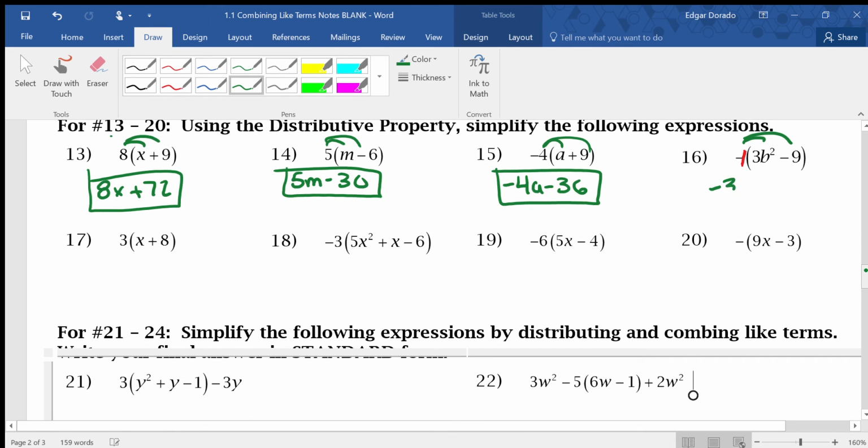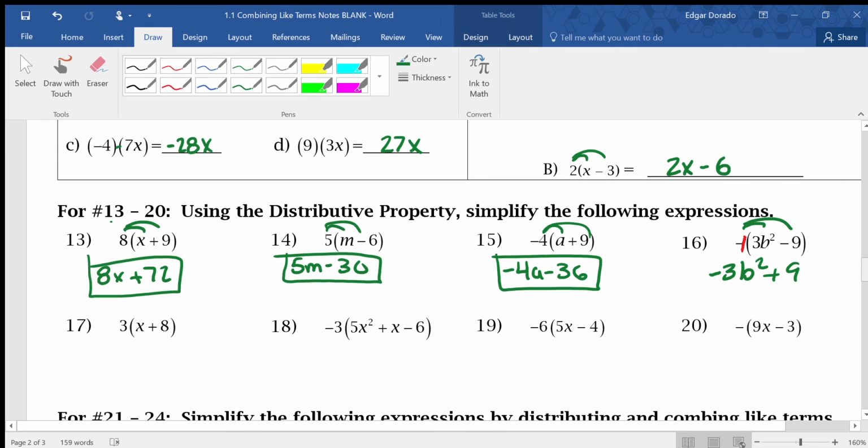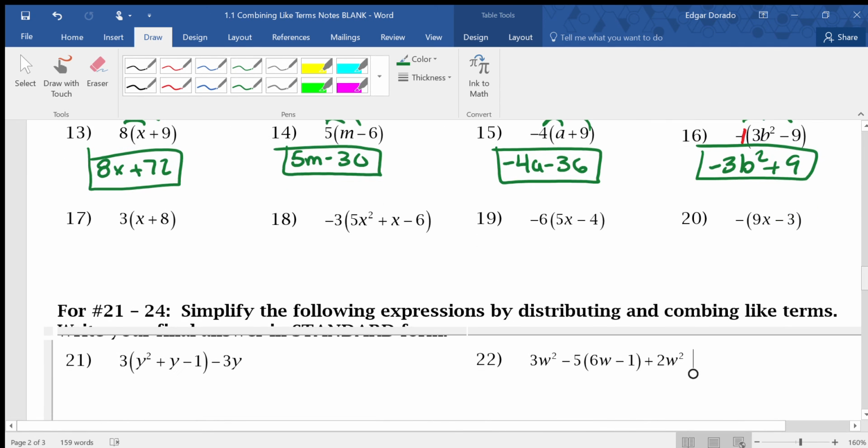So negative 3b squared. Negative 1 times the negative 9 is a positive 9. All right. Cool. So let's go ahead and have you guys try out these next 4 on your own. So pause the video for a second and then go ahead and check your answers once you're done.